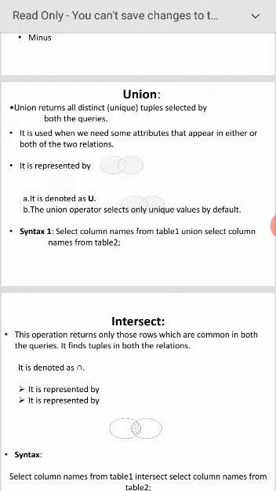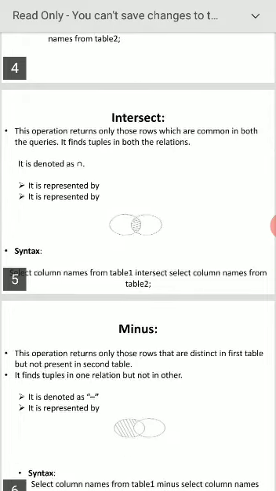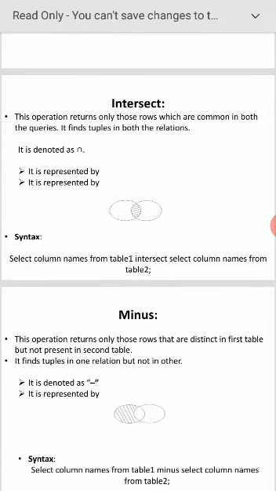You see intersect, common tuples, it will extract only the common tuples. Then you see minus, it will extract distinctly those in the first table but not present in the second table. That is the difference between union, intersect as well as minus.